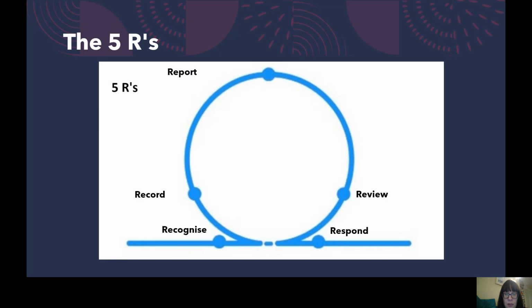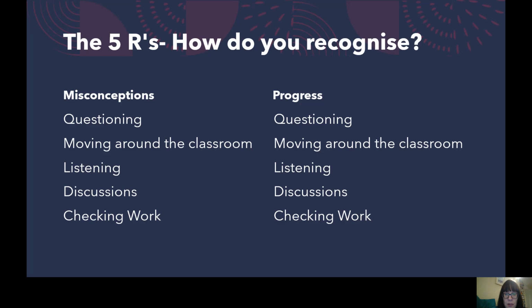So we recognise, then we record, then we report, then we review, then we respond, and it goes around continuously in this loop. The only one that sometimes might flip is the respond. Sometimes the respond comes a little bit higher. So let's take each one and break it down and have a look.